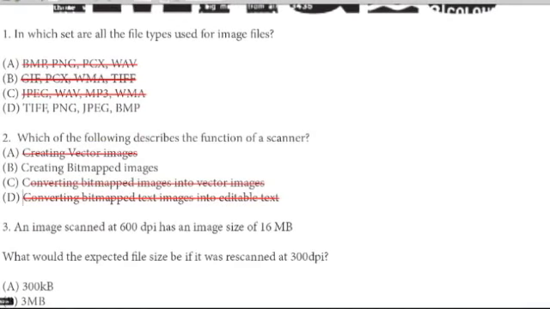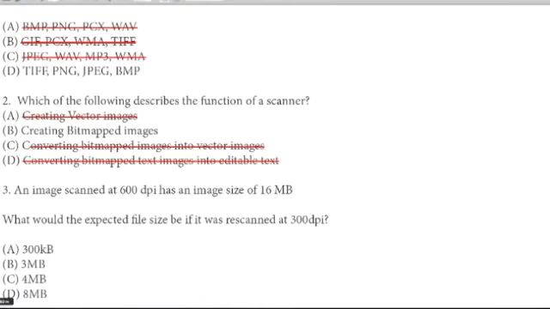Okay, an image scanned at 600 dpi has an image size of 16 megabytes. What would the expected file size be if it was rescanned at 300? Now I'm not going to look at the options here. I'm going to first of all have a look at what the original file size is, 16 meg, at 600 dpi.